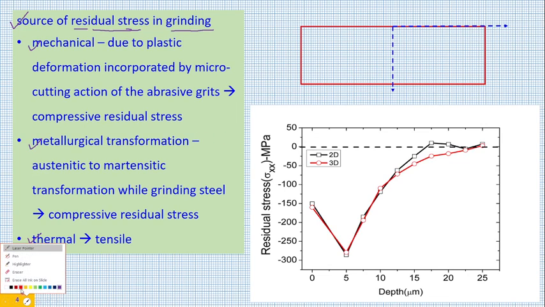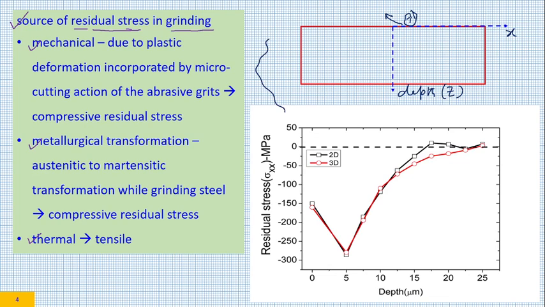So this is your x-axis and this is your depth direction, Z. Here the abrasive grits have ground in this particular path, and as they have ground, the grit tips, if you recall, have produced some kind of primary rubbing.